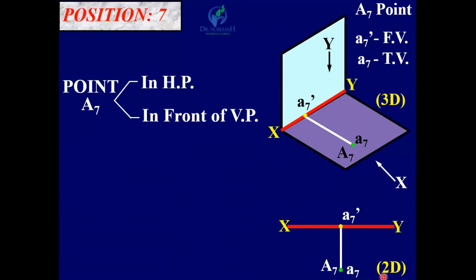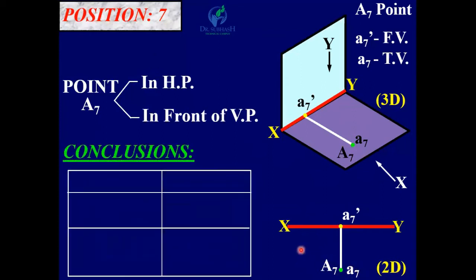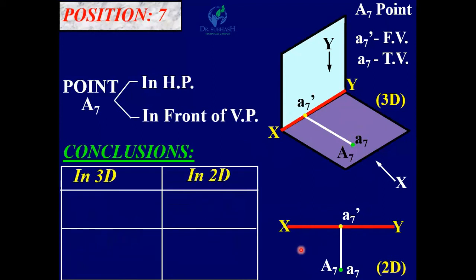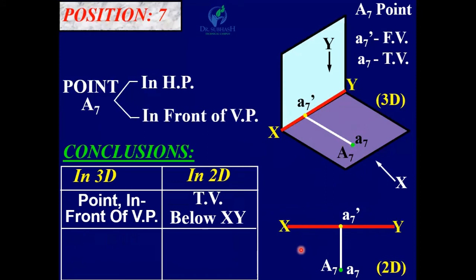So top view and original point are both the same and below XY line. So conclusion here, in 3D, point in front of VP, top view below XY, point in HP, front view on XY.